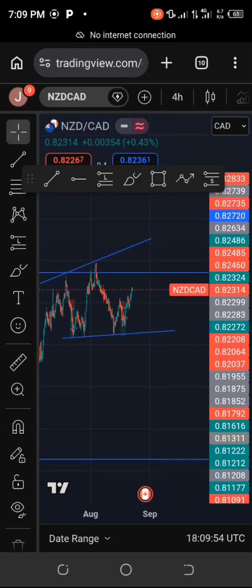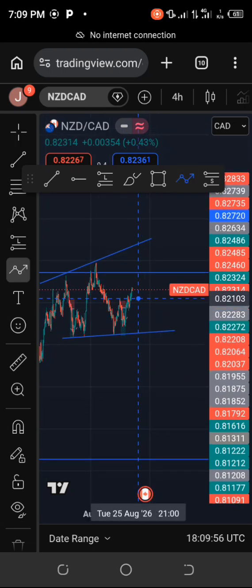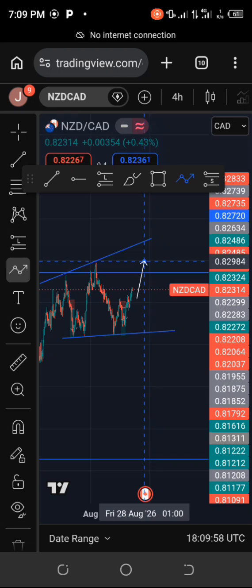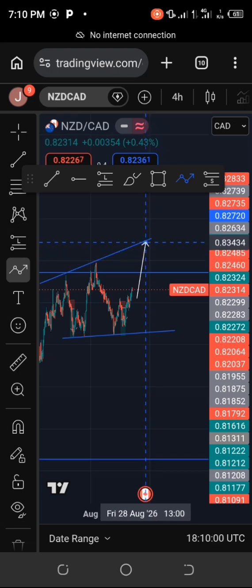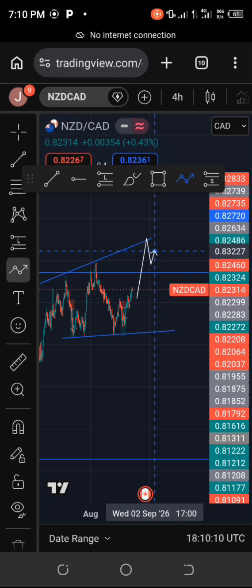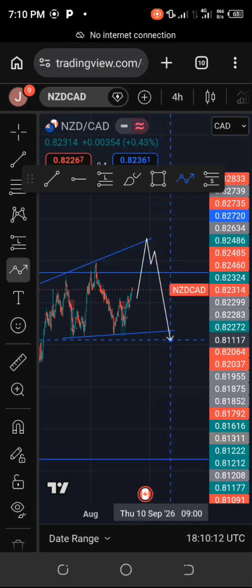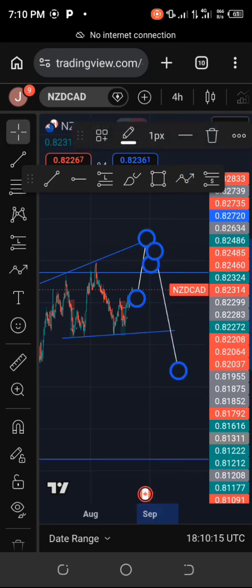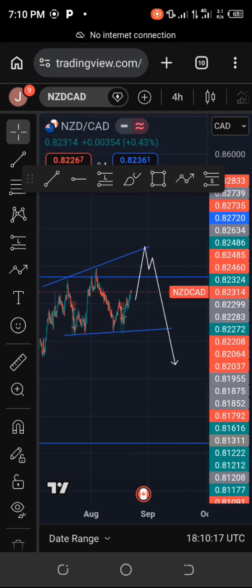So this is the reversal pattern I'm anticipating from the market. I'm looking for the market to move right here, break the previous high, the daily's high, test the trend line, the internal structure, sell off, and give us a sideways price action for the down run. So that is what I'm looking out for on NZD CAD.